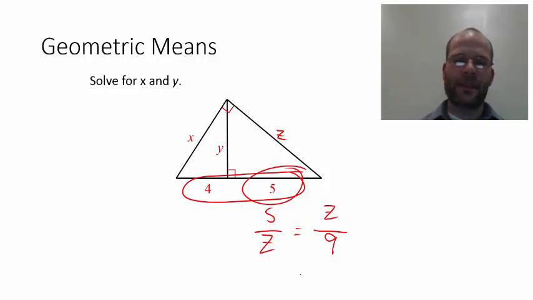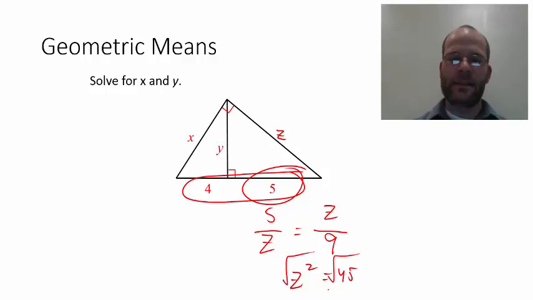So we cross multiply. Z squared equals 45. We know that there's a 9 in there when we take the square root of both sides. Z is equal to the square root of 9 times 5. And so z equals 3 square root of 5. So that's the value.